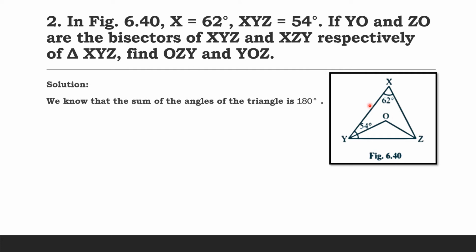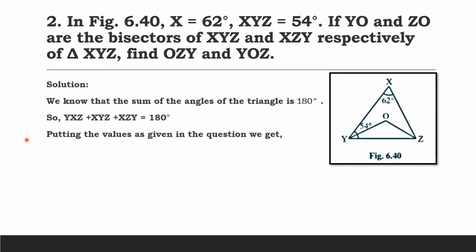Now we know that the sum of angles of a triangle is 180 degrees. So I can write YXZ plus XYZ plus XZY is equal to 180 degrees. We are given the measures of two angles, angle X and angle Y, so I can substitute those values and find the value of Z. I get 62 degrees plus 54 degrees plus XZY is equal to 180 degrees, which gives the value of XZY as 64 degrees.